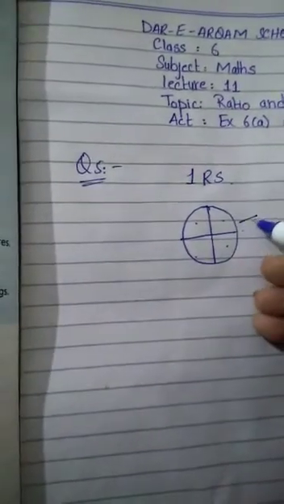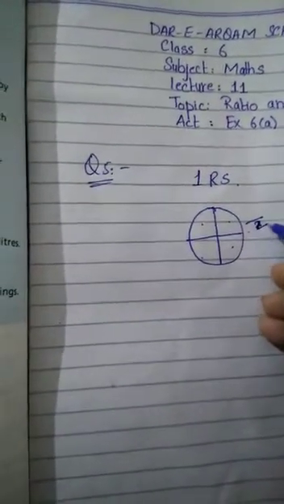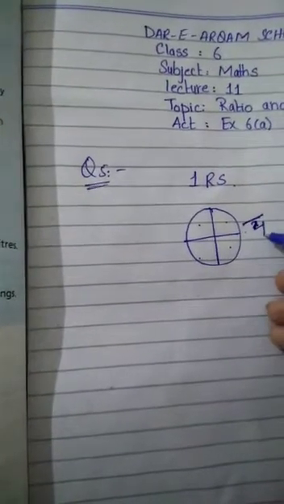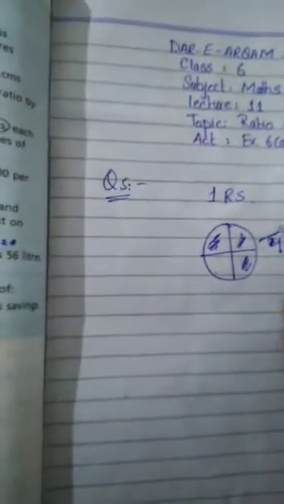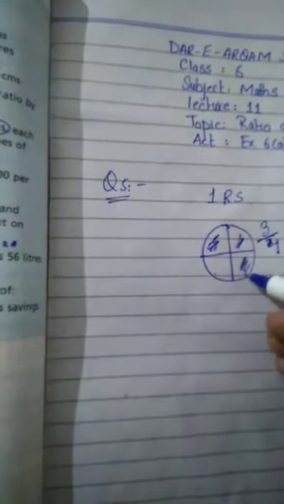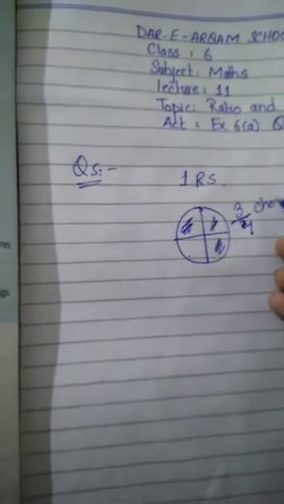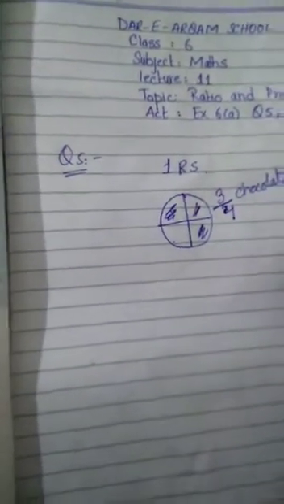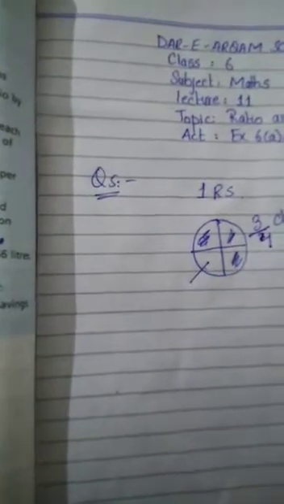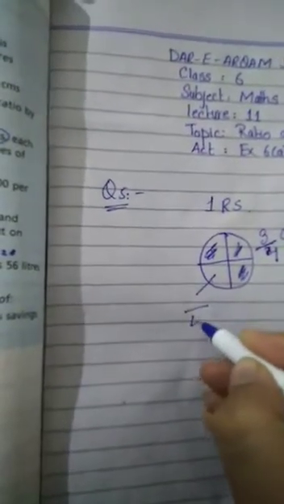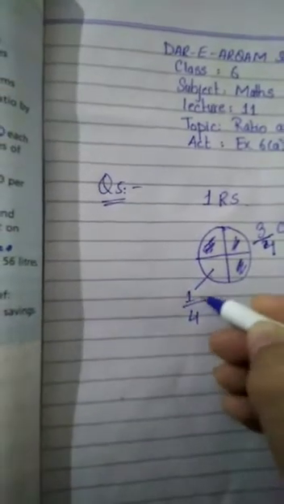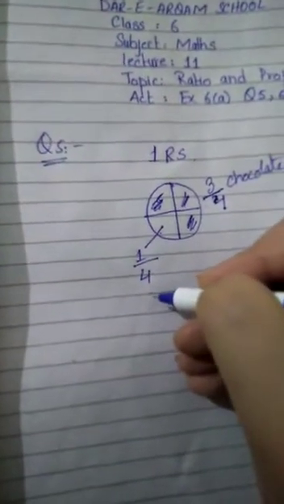The whole is 4 blocks, so in fraction form the total is written below, and 3 is used. 3/4 of her pocket money is used to buy chocolate, and the rest of the money, how many blocks are left? 1. The total was 4, which goes in the denominator, and the remaining is 1/4, spent on chewing gum.